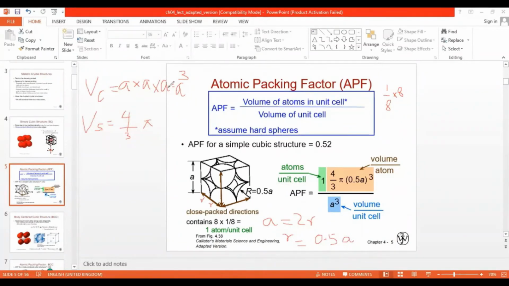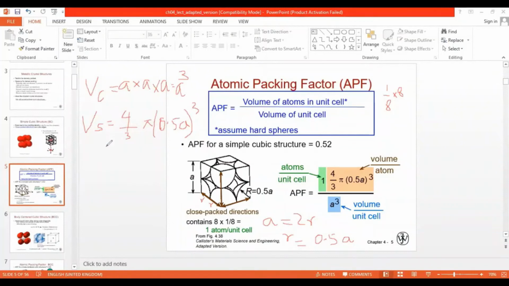Now I will put this 0.5 A into my equation, that is 4/3 pi r cube, where R is 0.5 A whole cube. So I will substitute R with 0.5 A whole cube.